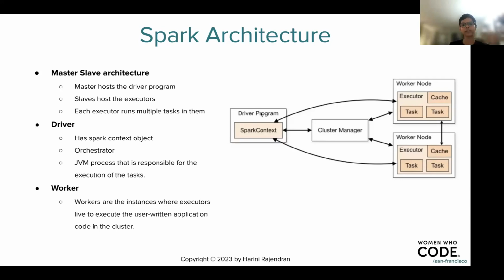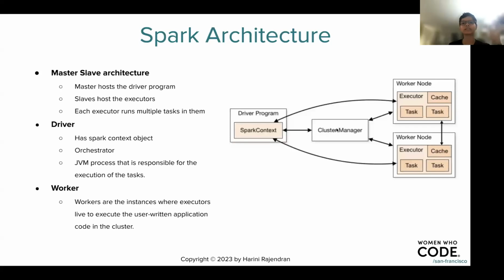So let's say you're submitting a Spark job to the driver program. The driver program would say, okay, hey, I need 5 tasks. And then it would work with the cluster manager and say, hey, I need 5 tasks. And the cluster manager will take care of finding out which nodes are free, where those 5 tasks should go, and all of that.